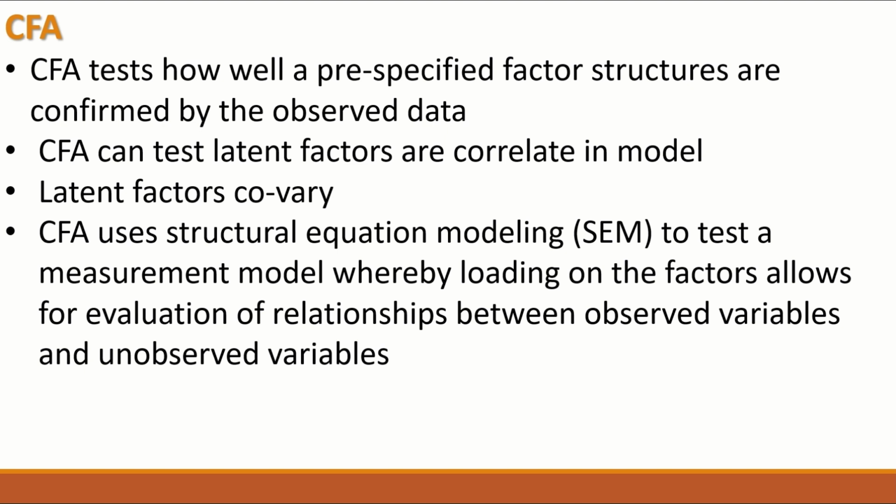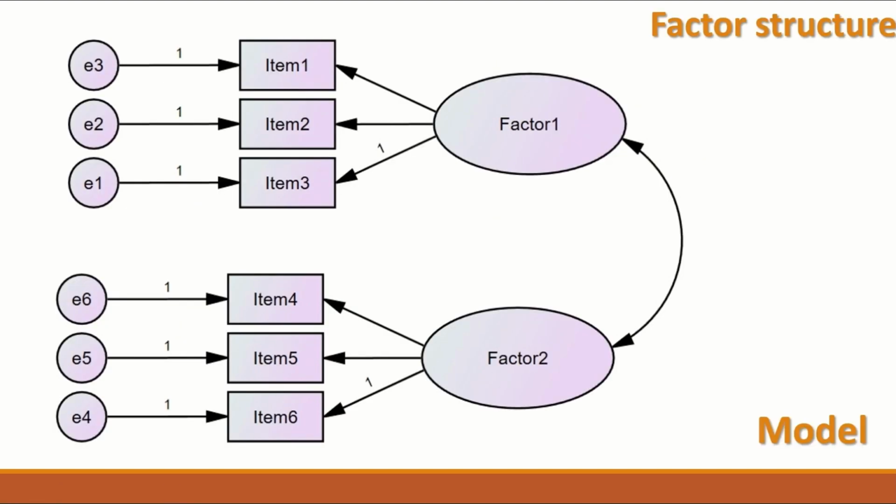Then the CFA will use a new set of data to test that model and to test whether these items fit into those factors and there is a relationship between the items and factors. This slide shows the factor structure, i.e. the model proposed by the exploratory factor analysis. Here, as shown, there are two factors, factor 1 and factor 2.